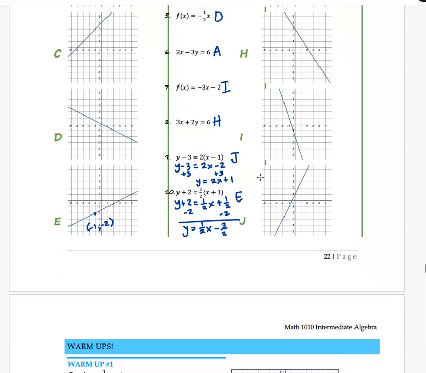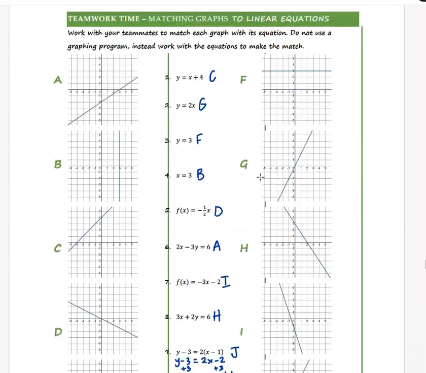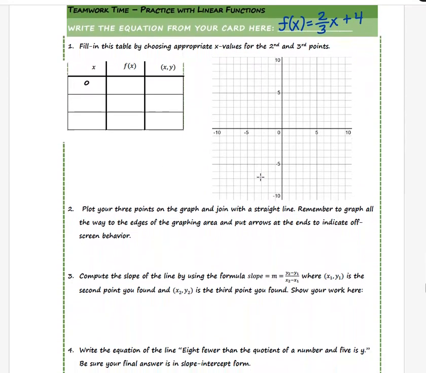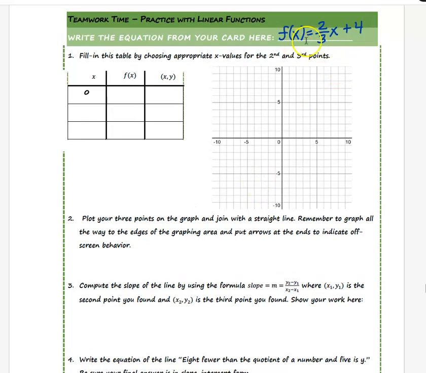And then as far as, let's see, where did that other one go? As far as this goes, the practice with linear functions, here's a good function for you to try on here. F of x equals 2/3 x plus 4.